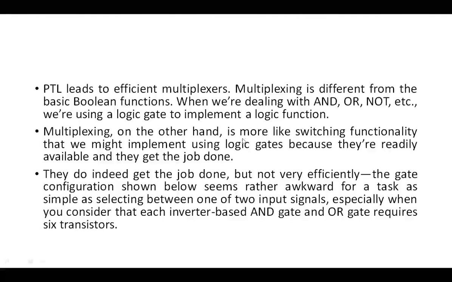Multiplexing, on the other hand, is more like switching functionality that can be implemented using logic gates because they are readily available and they get the job done. So instead of using my basic gates, AND, OR, NOT, I can even make use of MUX.